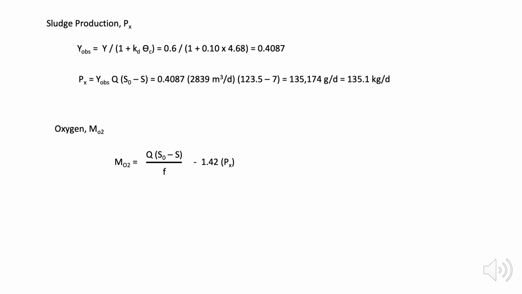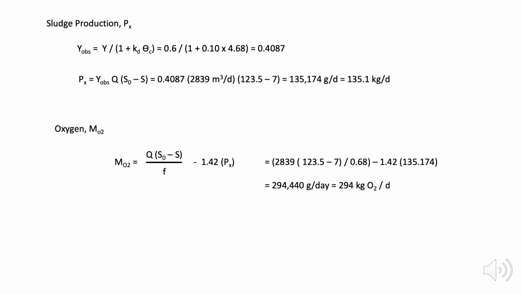So the S and S0 are based on BOD5s. So what I've got to do is convert the BOD5 to the ultimate BOD. And what we've found out is that that conversion with domestic wastewater is right around 0.68. So in other words, if I divide the BOD5 by 0.68, that'll give me the ultimate BOD.